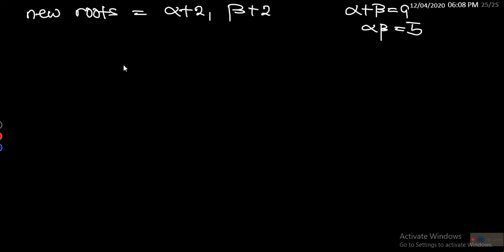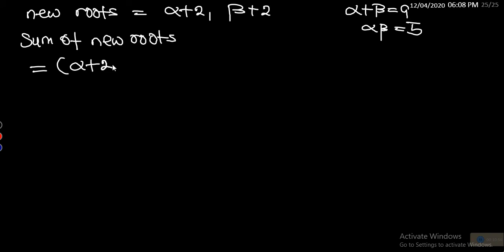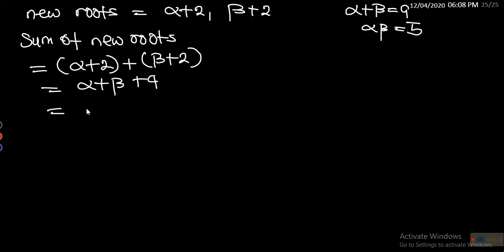So sum of new roots equals alpha plus 2 plus beta plus 2, guys, and this will give us alpha plus beta plus 4. So if we substitute that, we have 9 plus 4, which will give us 13.